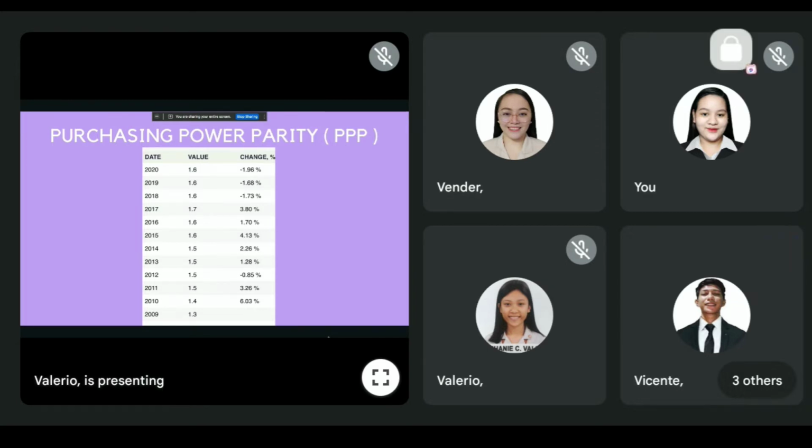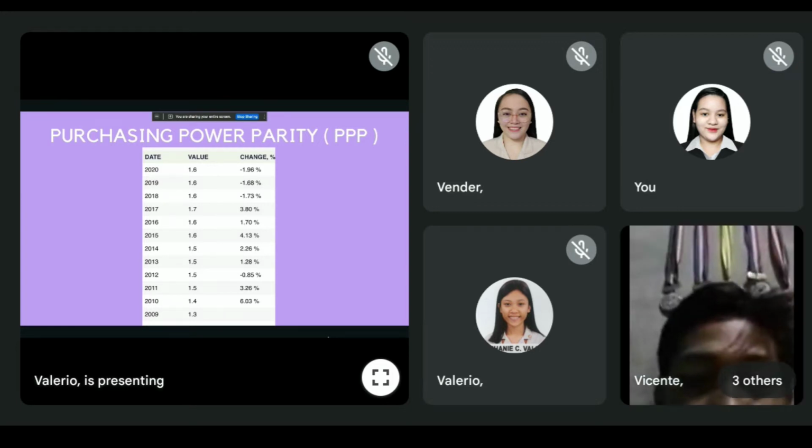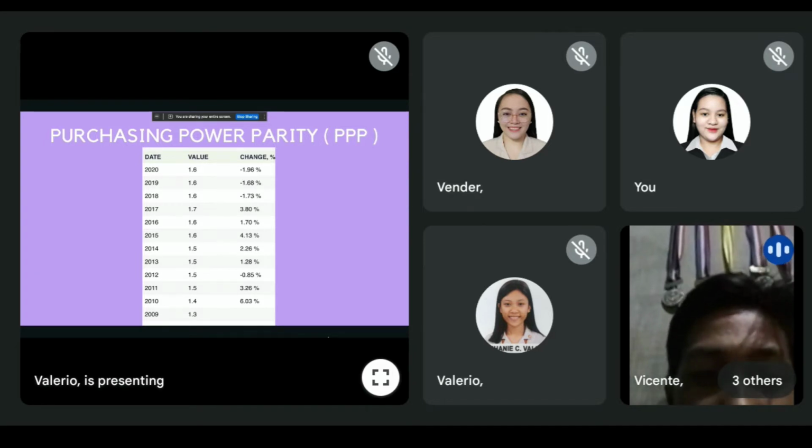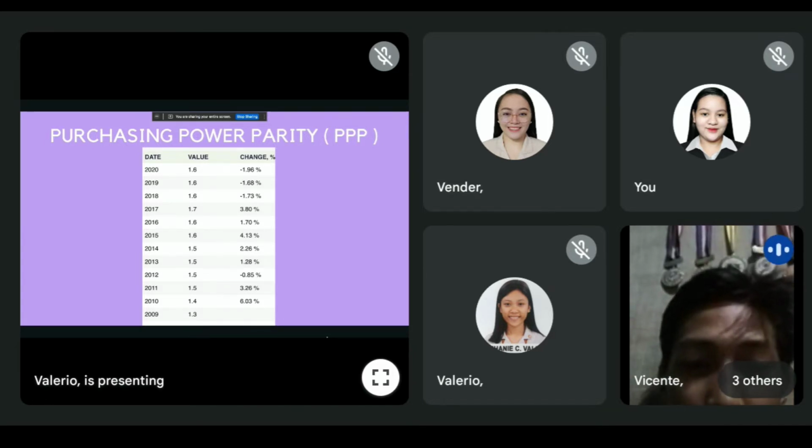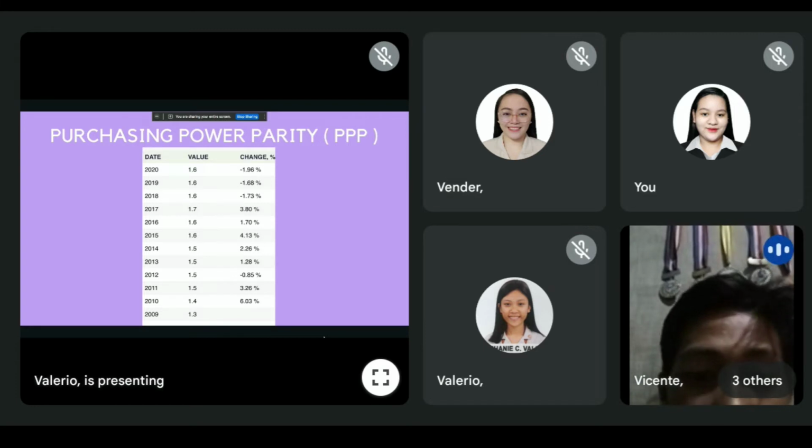Purchasing power parity of Malaysia increased from 1.1 LCU per international dollar in 2001 to 1.6 LCU per international dollar in 2020, growing at an average annual rate of 1.72%. The description is composed by our digital data assistants.